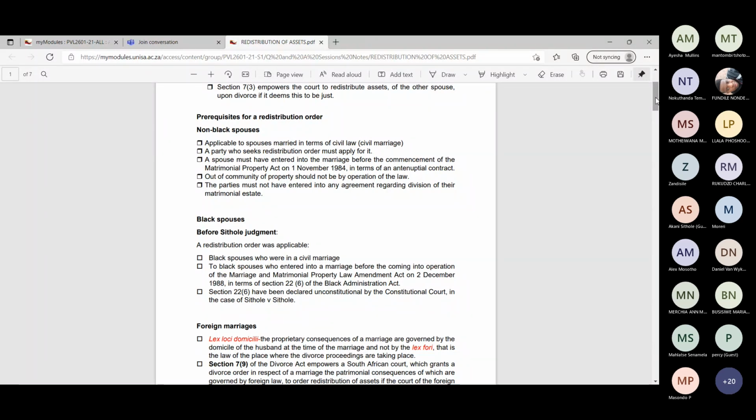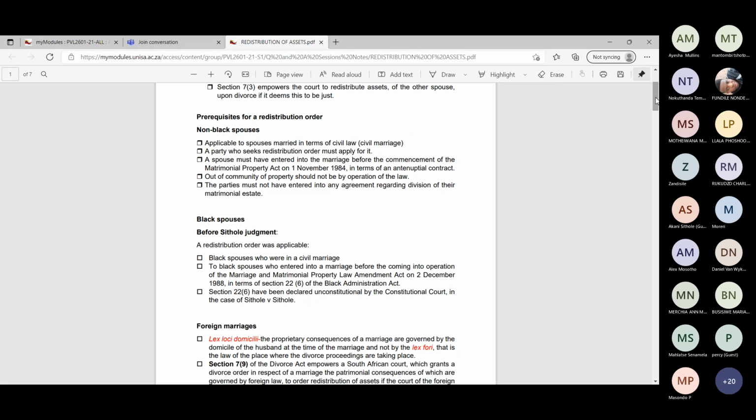For black spouses, this was the position until early this year, when the Constitutional Court, in the case of Sithole versus Sithole, declared the provision of Section 22, subsection 6 of the Black Administration Act unconstitutional. Because they declared it unconstitutional, they ruled that all civil marriages entered into by black spouses, irrespective of when they were entered into, are now automatically in community of property.